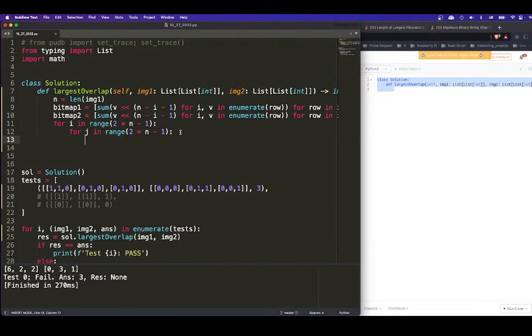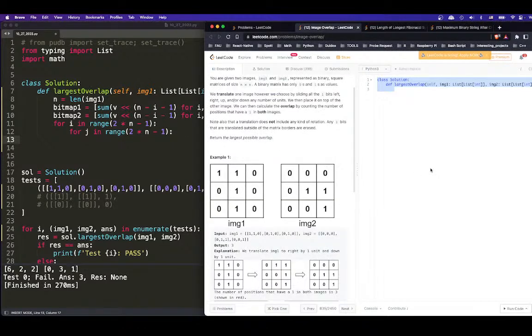Okay, so with this, now we have to find out, oh man, we have to find out at each position, at each state, what are the ones that are kind of inside, right? So we say if j is smaller or equal to n minus 1, that means we have this part.